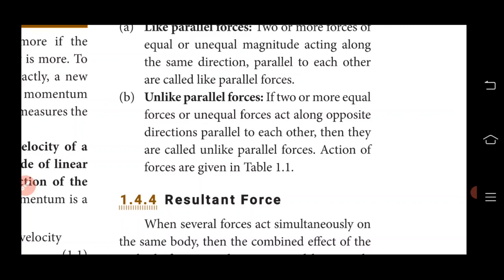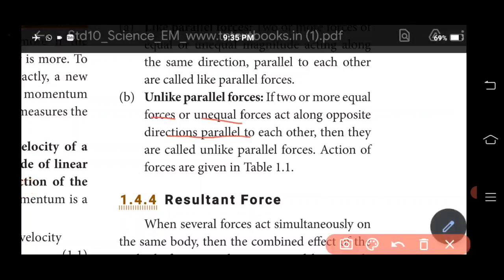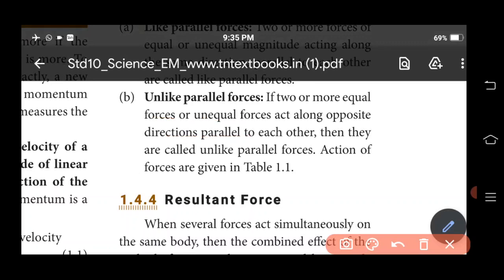Unlike parallel forces: if two or more equal forces or unequal forces act in the opposite direction, very important, opposite direction, parallel to each other, then they are called unlike parallel forces.